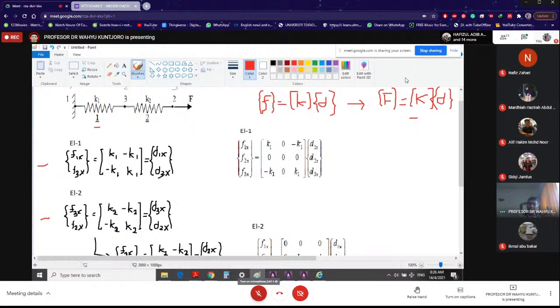Before you do this, you need to establish first what the size of our equation is. The size of our equation is determined by the number of nodes. So you have 3 nodes, 1, 2, 3. That means the size is going to be 3. You will also have 3 external forces, and the stiffness matrix is going to be 3 by 3.